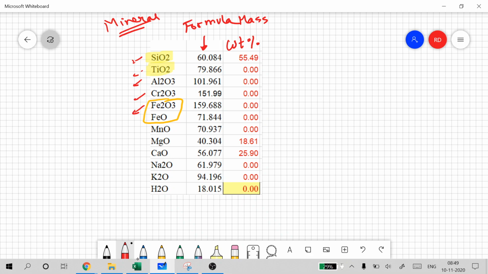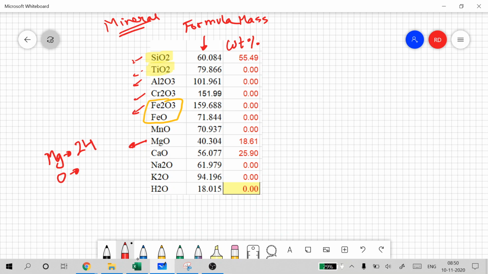You can calculate this if you want. It's not very difficult; you just have to add the masses up. For example, for magnesium oxide, what is the atomic mass of magnesium? 24, right?